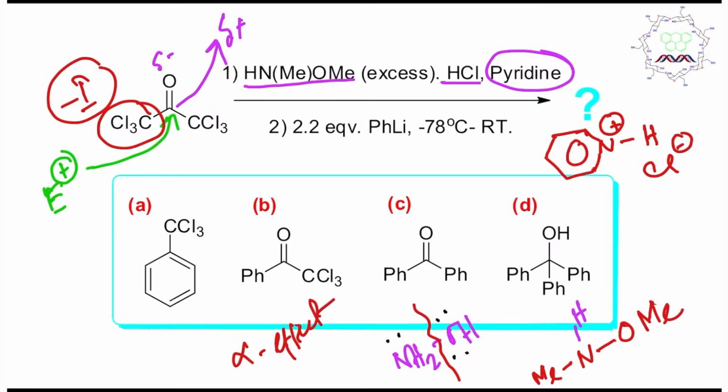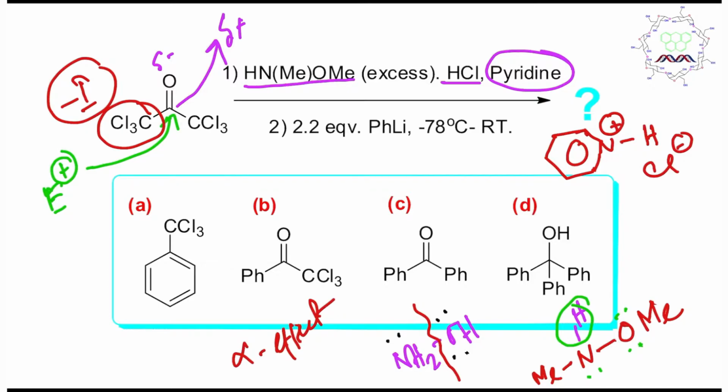So this alpha effect makes hydroxylamine as well as its derivatives more nucleophilic, and nucleophilic attack happens from the nitrogen side because compared to oxygen, nitrogen is a better nucleophile, and not only that, it has a proton which could be released after the nucleophilic attack to get neutralization.